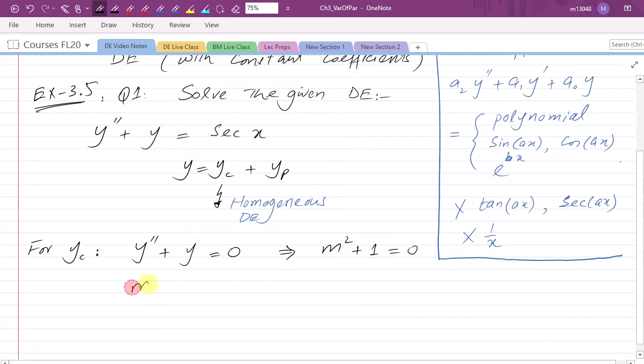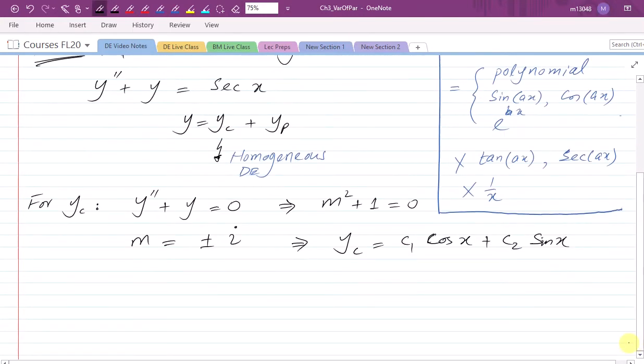That gives m equals plus minus i, and that means yc equals c1 cos of x plus c2 sine of x.